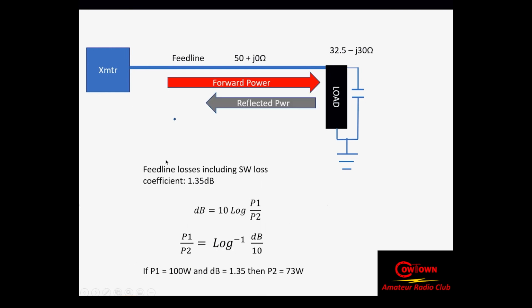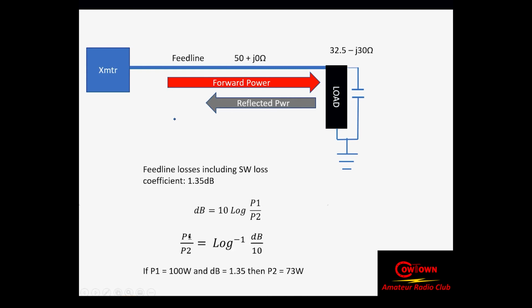So the feed line losses here then, in dB, since I know it's 1.35 dB, if I want to find out how much power is being reflected, then what I really need to do is get this P1 and P2 ratio.